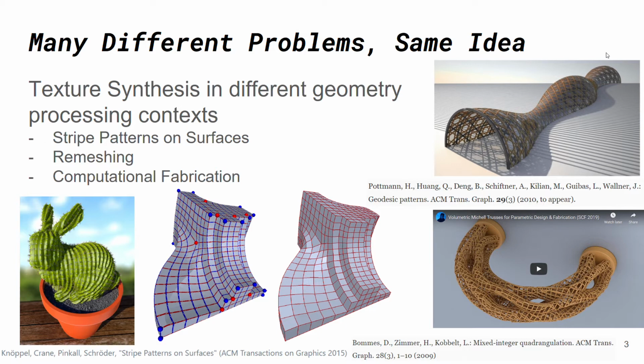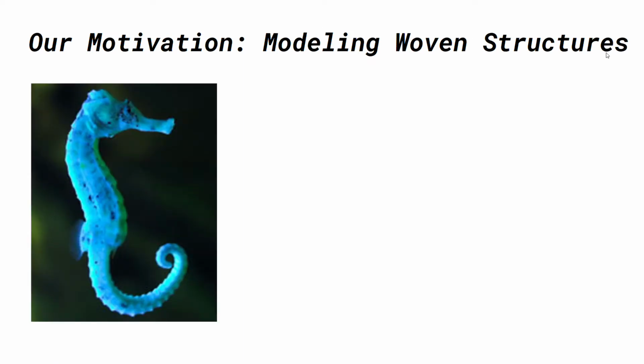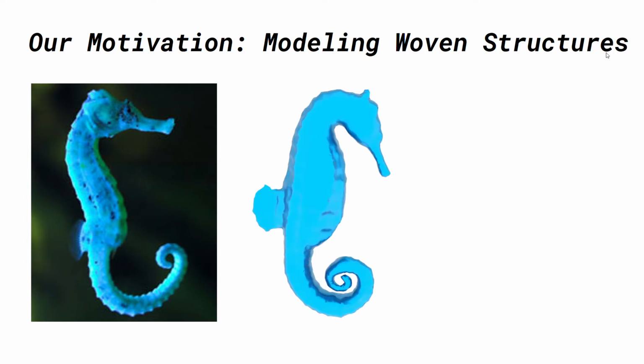This last area is what brought us to think about these problems. We were specifically thinking about the problem of inverse basket weaving. So suppose that you see some geometry, some object in nature, like this seahorse. There exist pretty good tools for turning the object that you see into a 3D model.